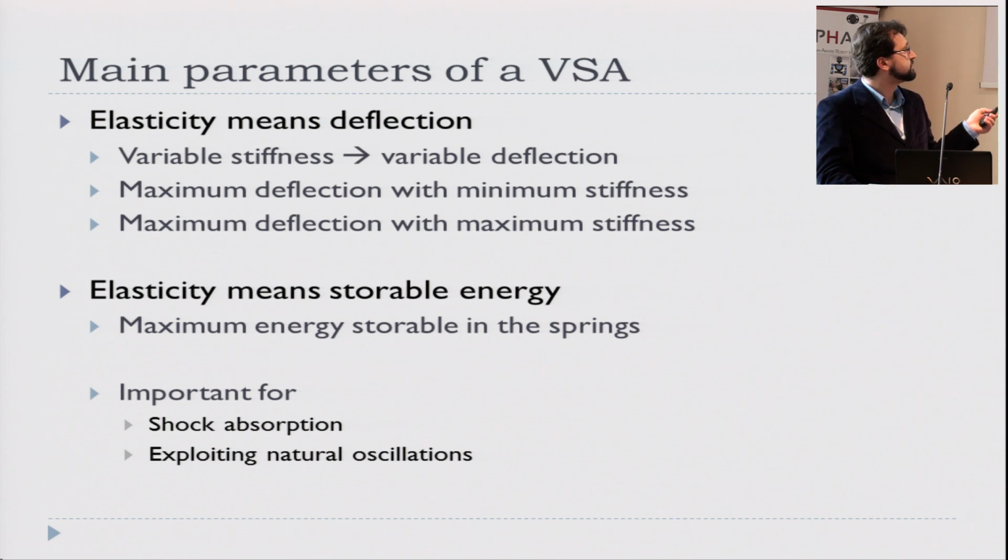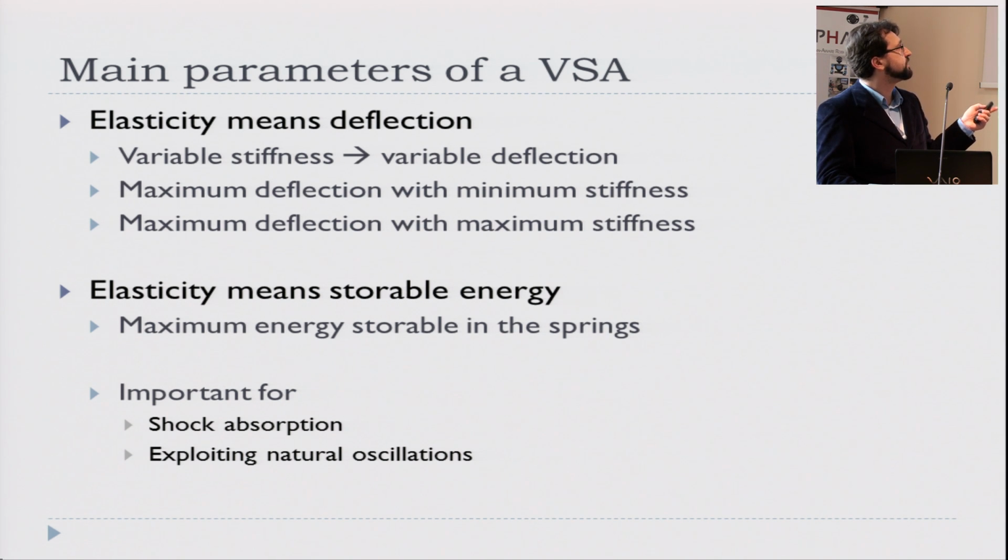And also elasticity means storable energy. A lot of nice applications that you can think of with soft robotics are related to the absorption of impact, for example, to exploit natural oscillation or to optimize cyclic motion. In this kind of application, it is important to know the maximum amount of energy that you can store in the springs, and this is the number which is reported.